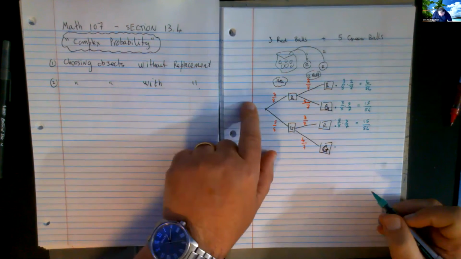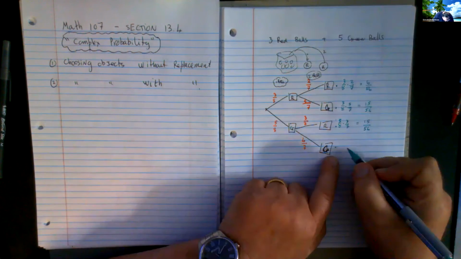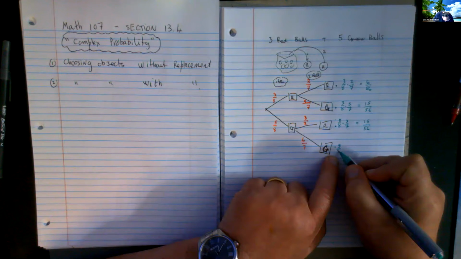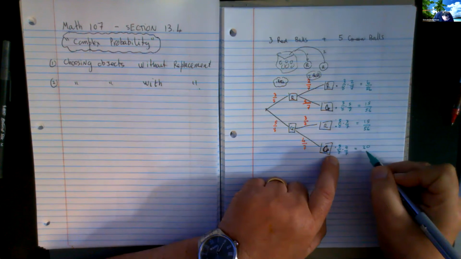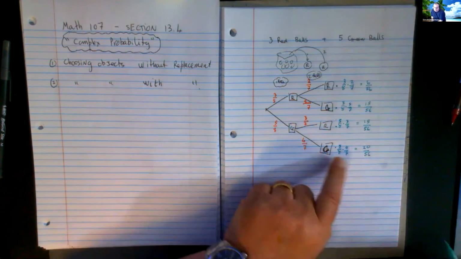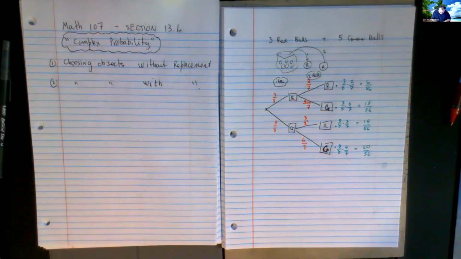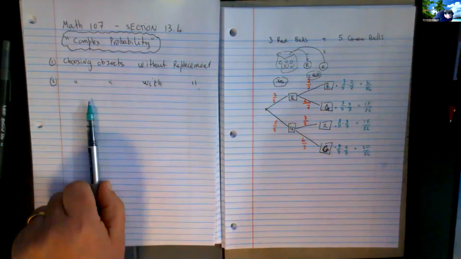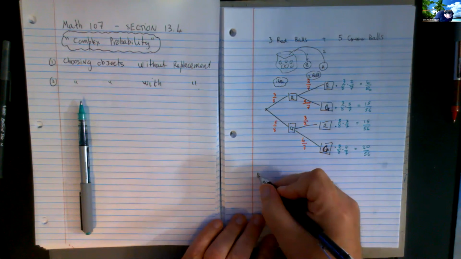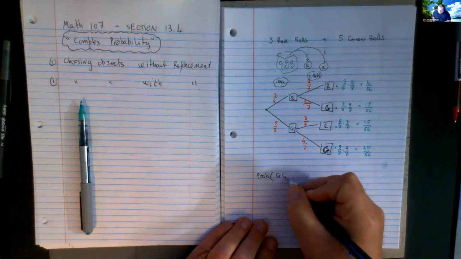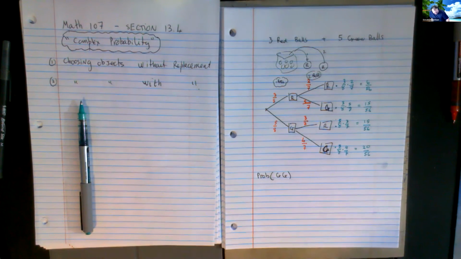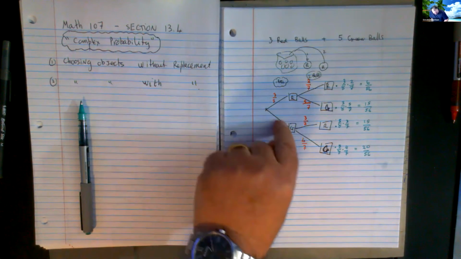And then it finishes with a green and a green. In this case, it's a 5/8 and a 4/7, and that's 20 out of 56. Now that's the tree diagram totally complete. And then you just take the questions the way they go. So for instance, what's the probability that both were green? Well, that route.